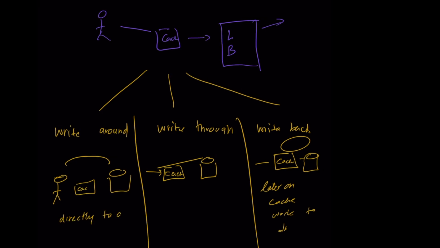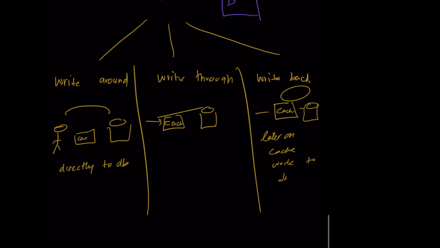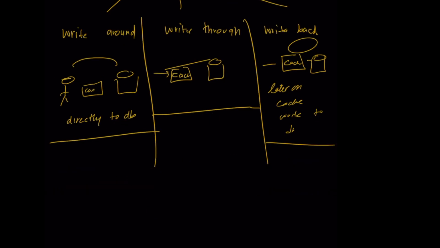Let's talk about the drawbacks or the trade-offs of each. When I'm writing to the cache and the DB, I need locking. It's slower. And when I write just to the cache, the cache is in memory or transient, so I might lose it.